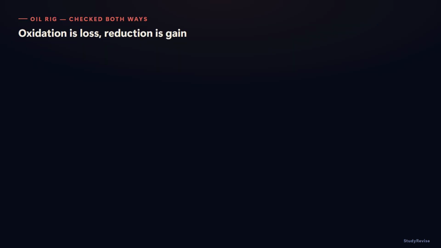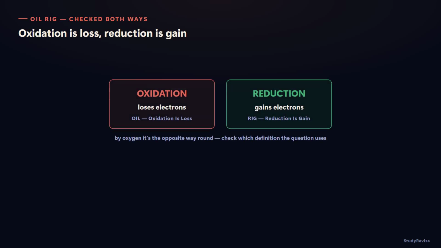A definition that gets swapped in the exam more often than almost anything else in this syllabus: oxidation and reduction. In terms of electrons, oxidation is loss, reduction is gain. The classic memory aid is OILRIG. Oxidation is loss, reduction is gain. In terms of oxygen specifically, oxidation means gaining oxygen, reduction means losing oxygen.